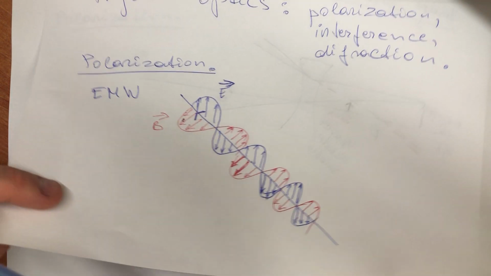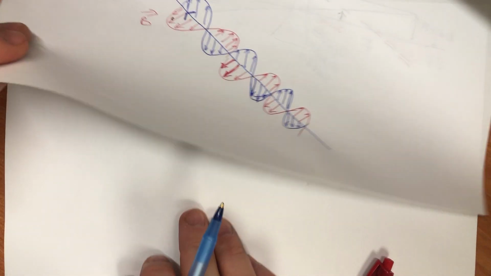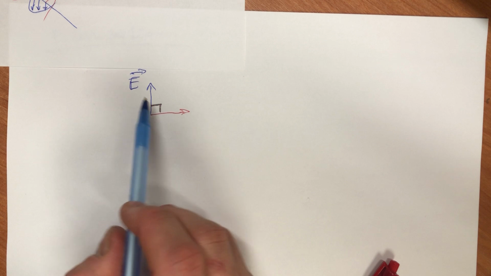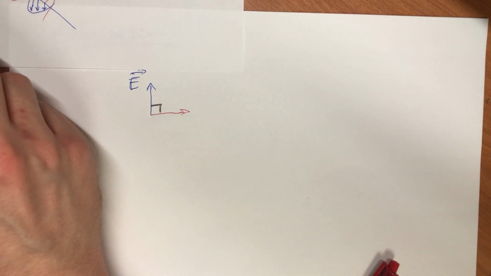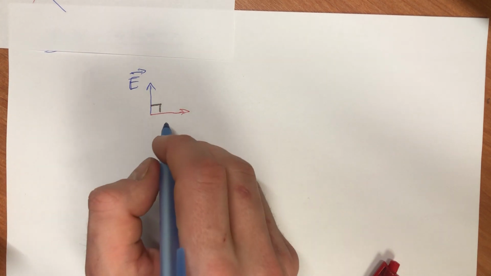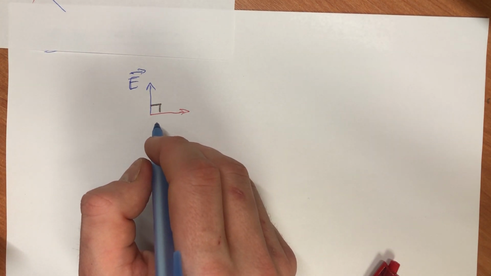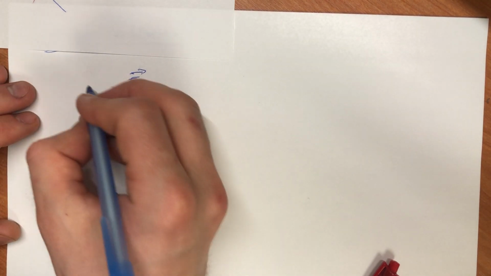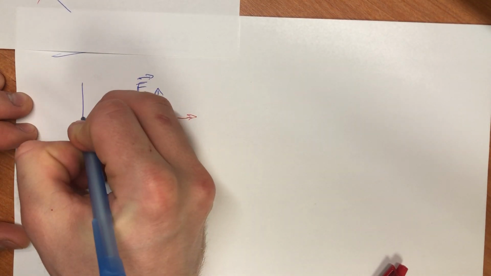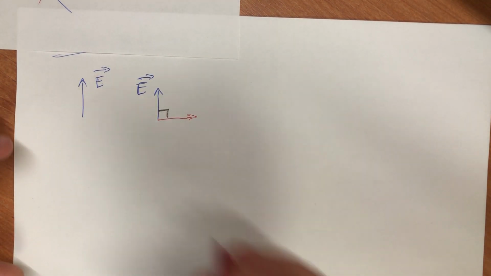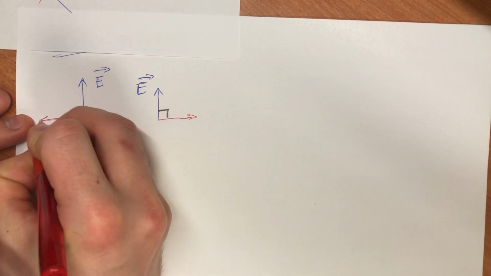So you see I'm drawing a cross section here. You see that we have electric field and we have magnetic field. So in this example, I have drawn like this. This is electric field and this is magnetic field.